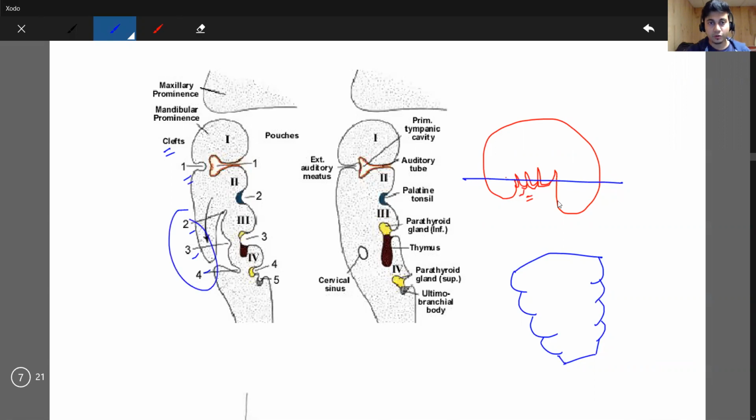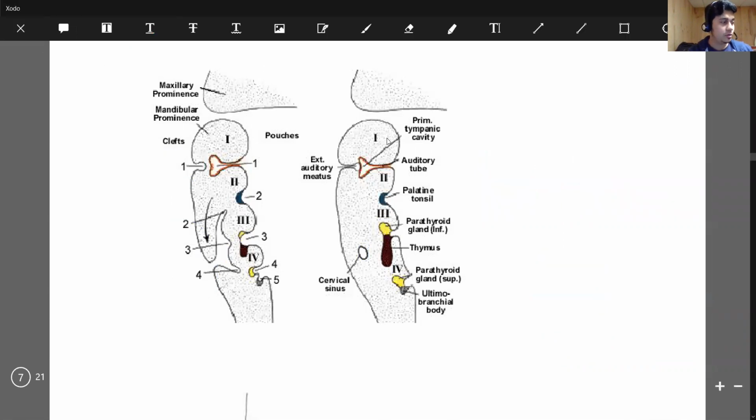These clefts 2, 3, and 4, these grooves on the side, fuse together and form a sinus, a blind pouch-like space. This is called the cervical sinus. Now, if this cervical sinus becomes a cystic dilation, that means some fluid accumulates here and it appears as a cyst, we call it persistent cervical sinus cyst.